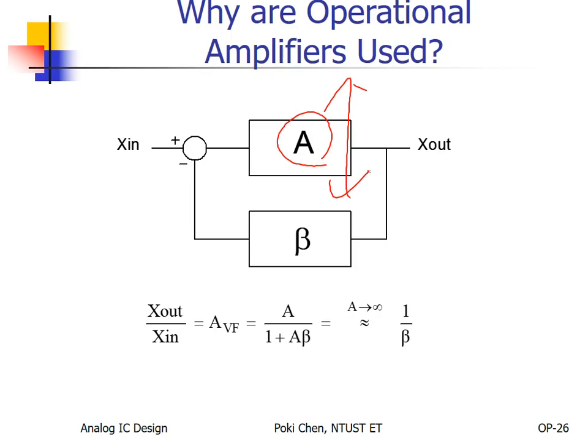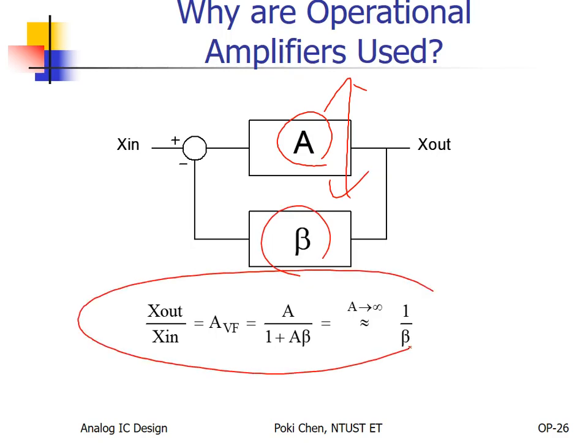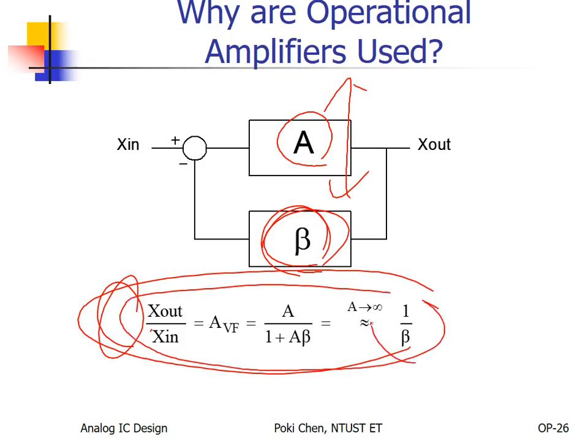We need the help of the so-called feedback network. And this is the feedback factor. Anyway, I think you learned already, maybe chapter 7 from Sedra Smith's microelectronics. After very simple derivation, you can get this.